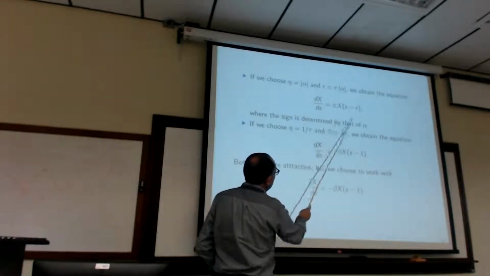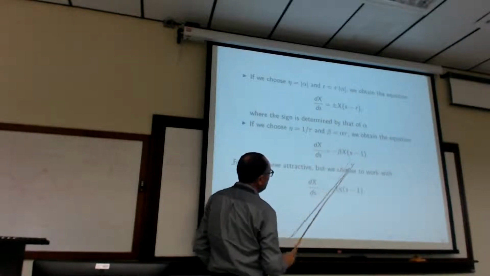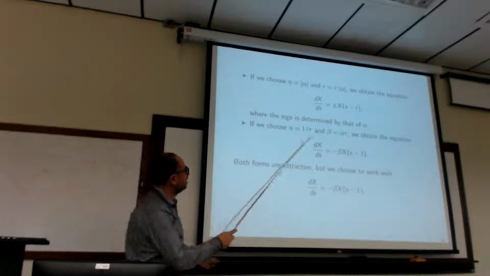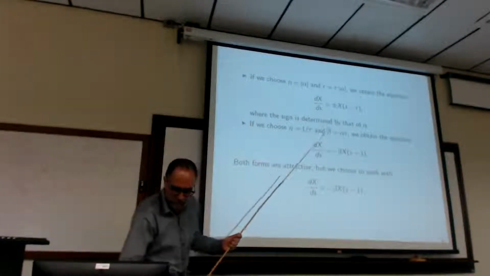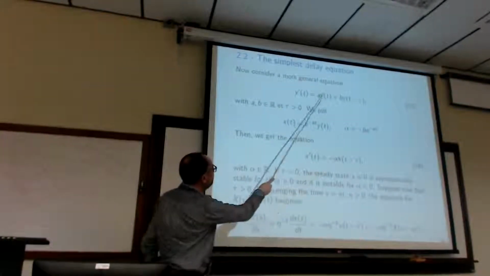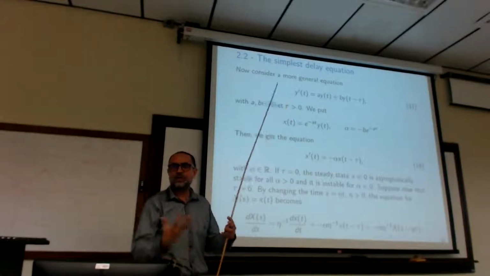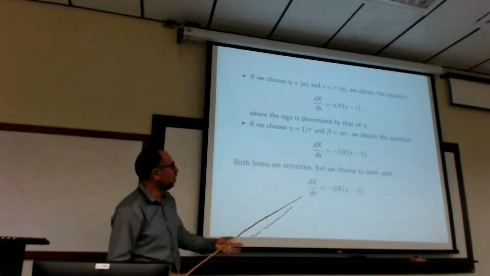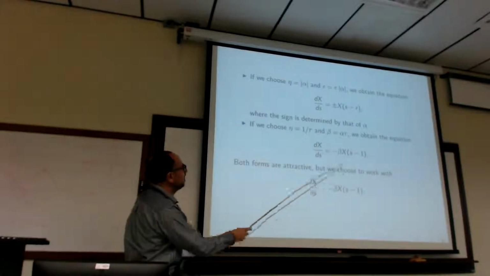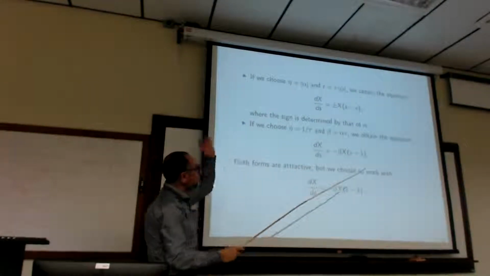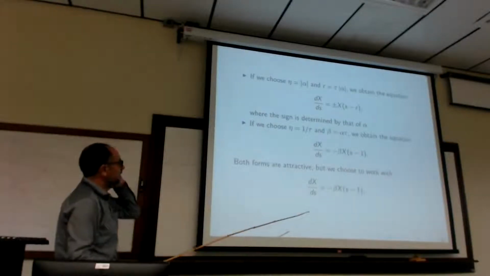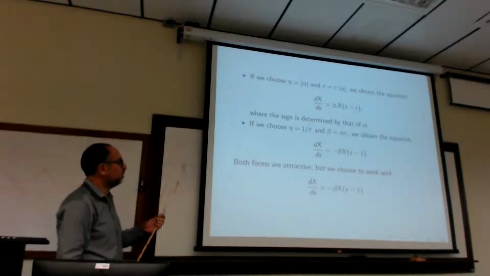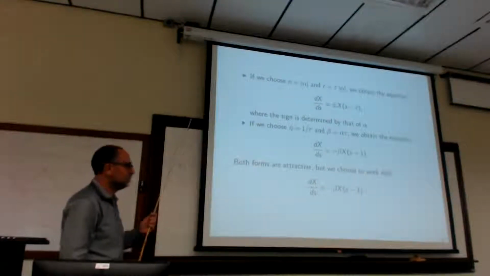We can obtain this, it's equivalent, or this one. All of them are equivalent. That means we have 1, 2, 3, 4 equations that are equivalent by change of parameters. This is why you will see sometimes I study this, sometimes this one, sometimes the other one. At the end, we obtain the same result by making this change.